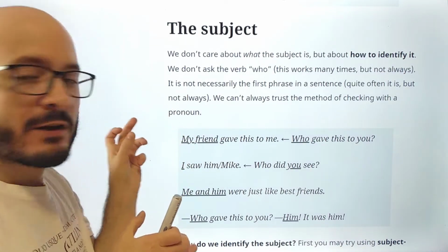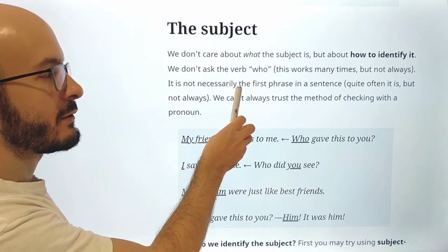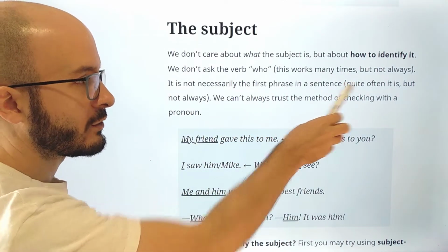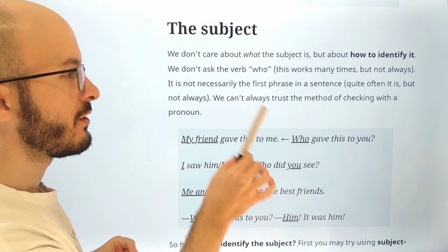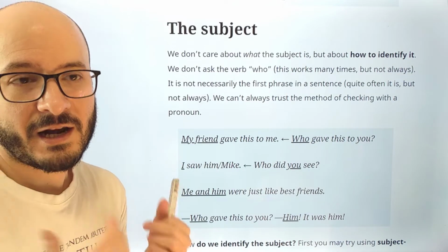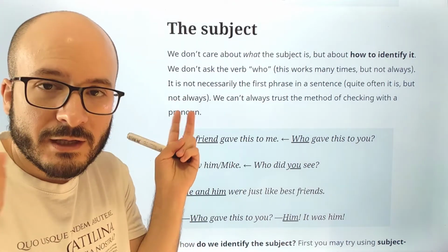Sometimes yes, but some other times no. So it is not necessarily the first phrase in a sentence. Quite often it is, but not always. We can't always trust the method of checking with a pronoun, which is another usual trick.